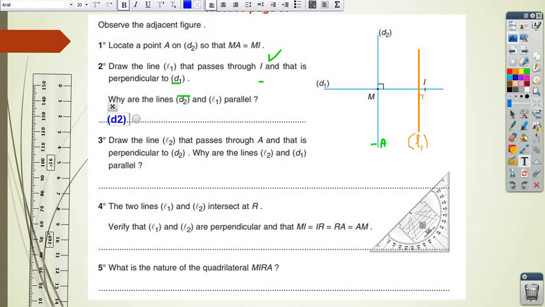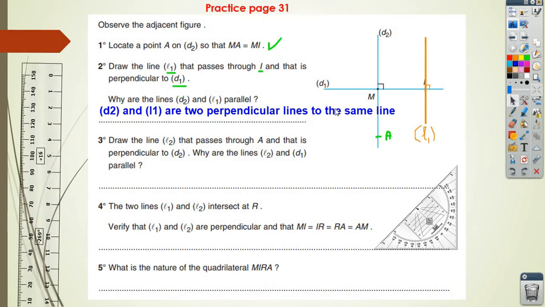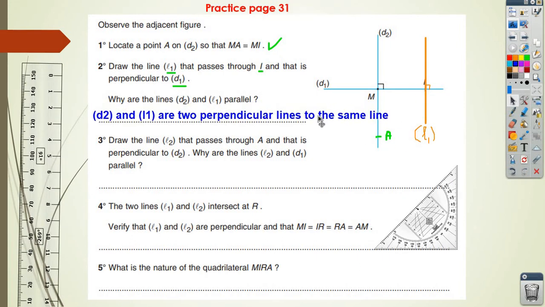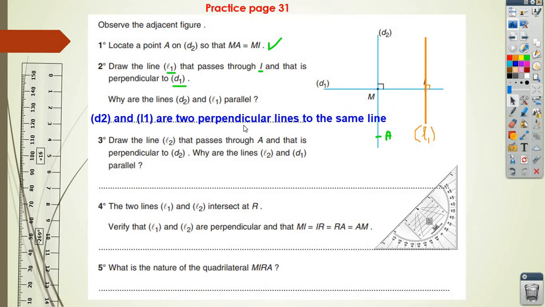Because D2 and L1 are perpendicular to the same line, they are two perpendicular lines to the same line. Because the rule says that when we have two lines perpendicular to the same line, they are parallel. And D2 and L1 are two lines perpendicular to the same line. So for that, they are parallel.